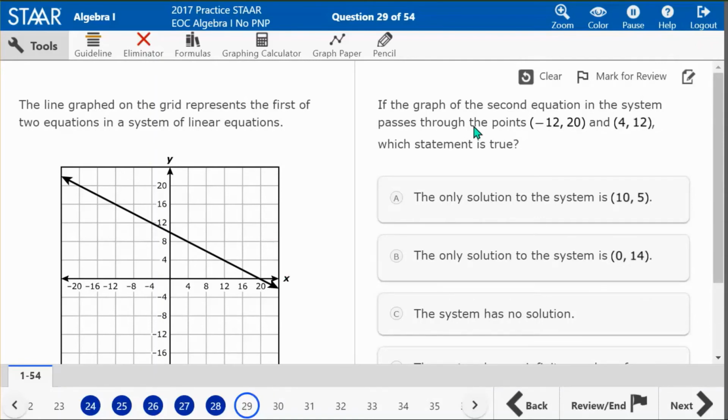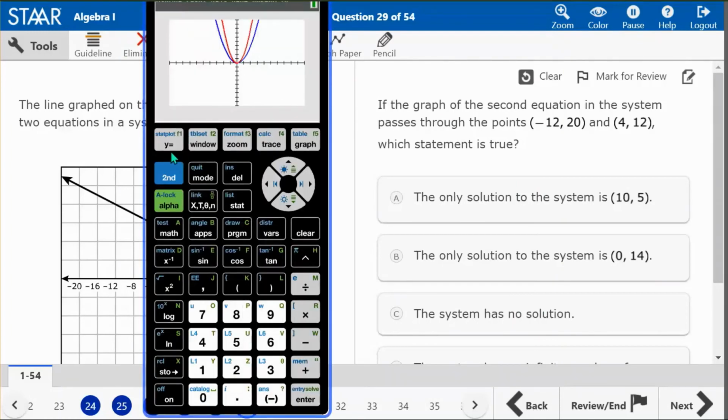So if we graph the second line, we would have to first find the slope and the equation of this line right here. So let me first solve for the slope and the equation for these 2 points. I'll pause the video, come back when you have it.